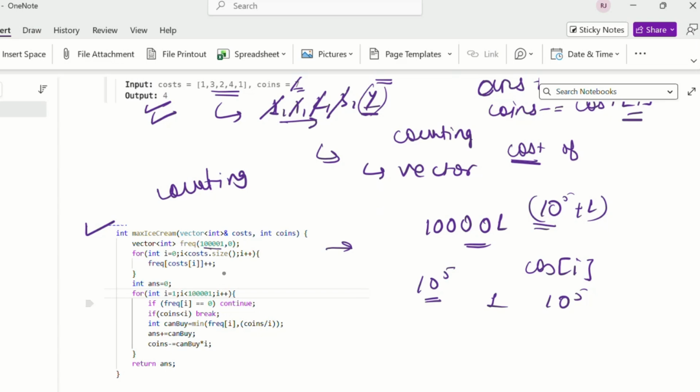So I will store the frequency of all the costs in this frequency vector, and I will start looping from 1 till the last value, like 10 to the power 5.